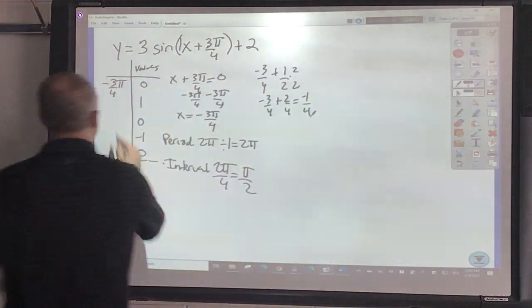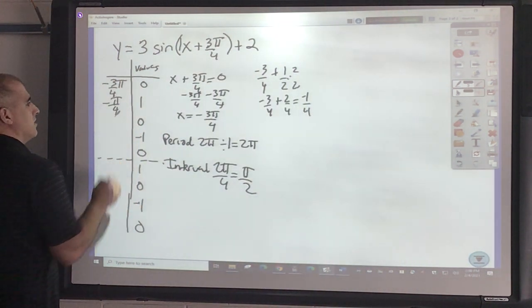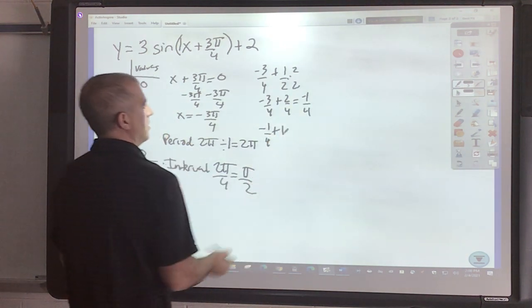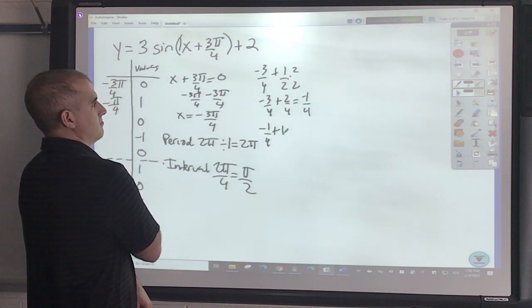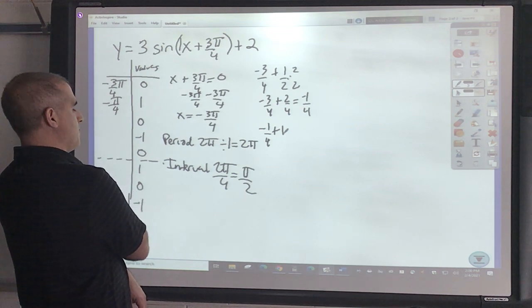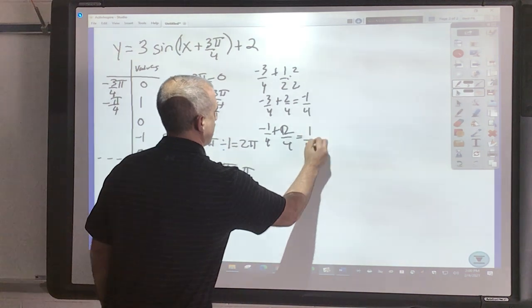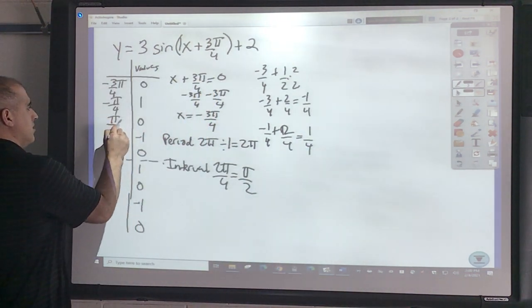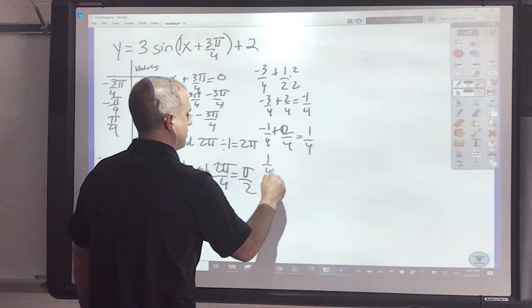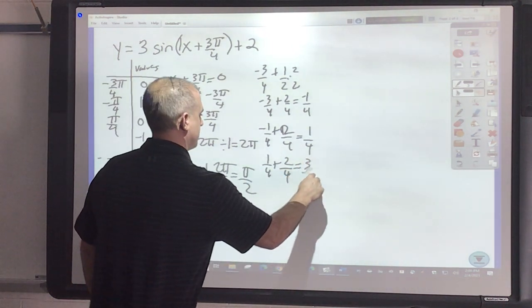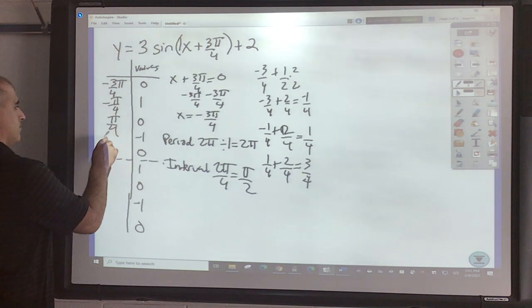Okay, now I'm off and running. Negative pi over 4. Okay, -1/4 plus, I'm sorry, plus 2/4. It's going to be 1/4. So that's going to be pi over 4. 1/4 plus 2/4 is going to be 3/4. That's 3/4 pi.